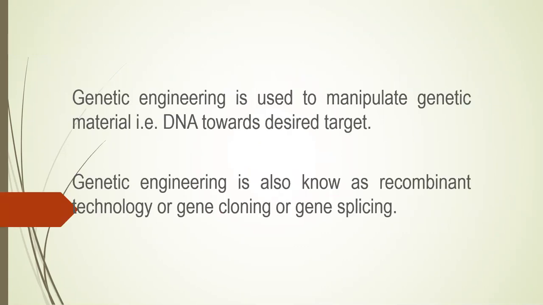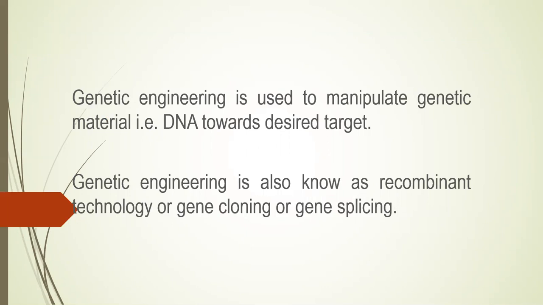In rDNA technology, a DNA molecule from one organism is cut into fragments and a specific desired DNA fragment is isolated, and then that desired DNA fragment is transferred and spliced, that is joined, into the DNA molecule of another organism.